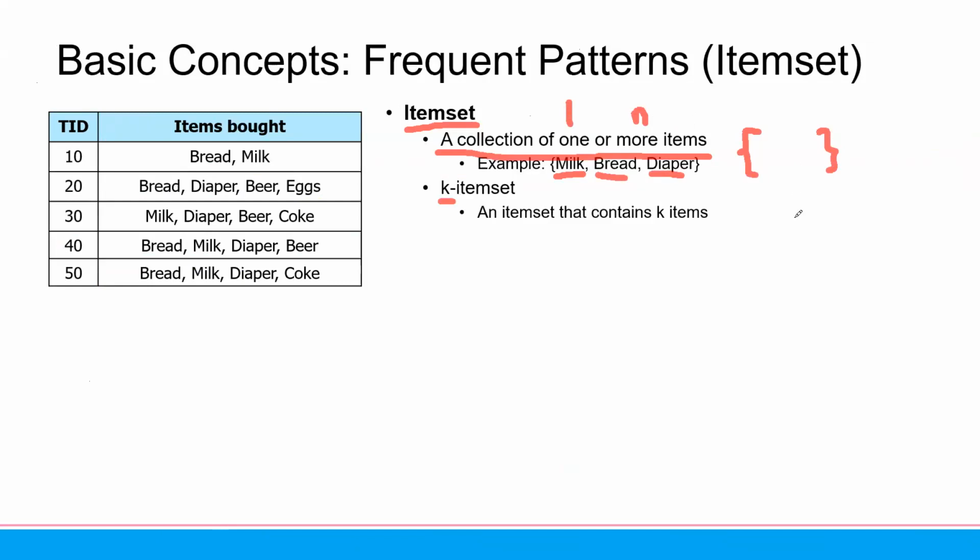We call K any integer that represents the number of items in the item set. If K equals 1, there will be 1 item. If K equals 2, there will be 2 items. If K equals 3, there will be 3 items.